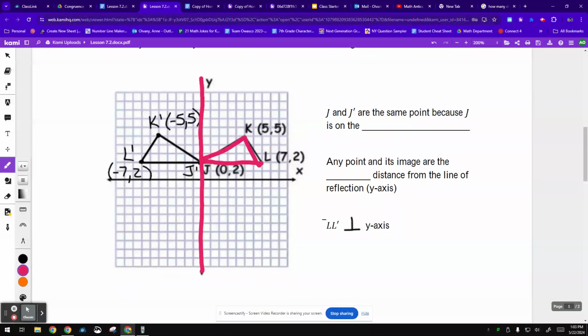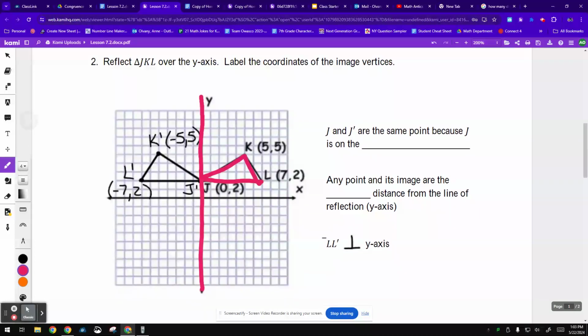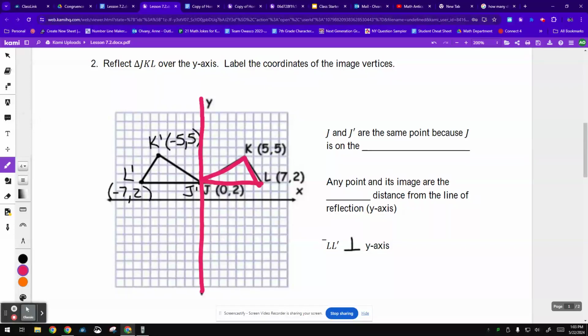So, let's talk about J. J and J prime are the same point because they're on the y-axis and we are flipping over that axis. So that's okay.